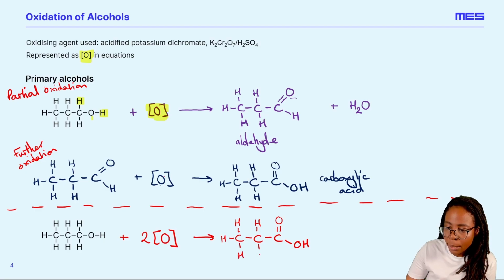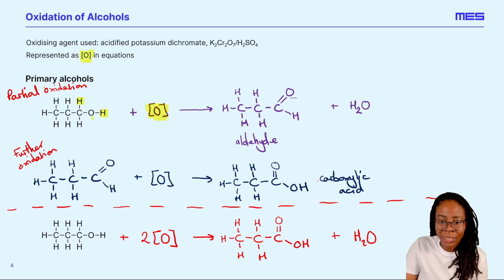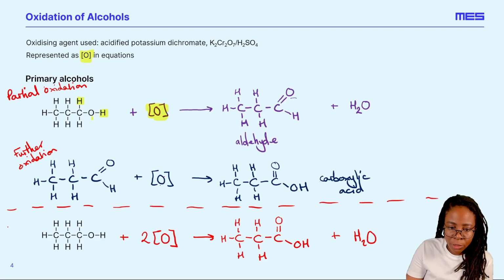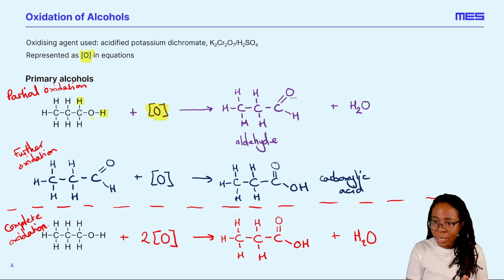And as our byproduct, we will just have 1 water molecule, again, because we release a water molecule in the first step, but we do not release a water molecule in the second step. So this here at the bottom is just our complete oxidation if we were to put both of those oxidation steps into one overall equation.